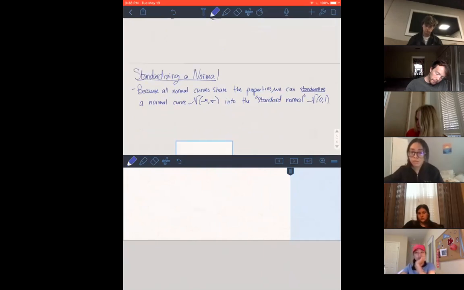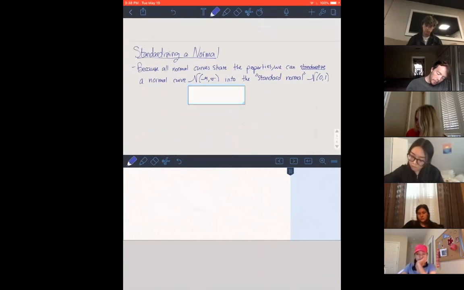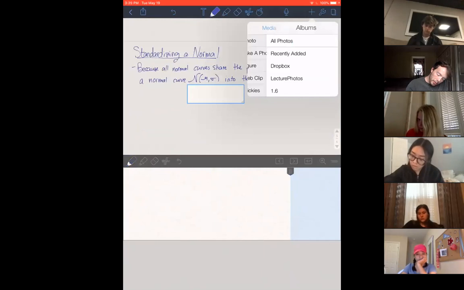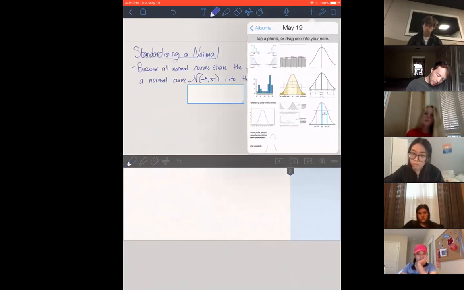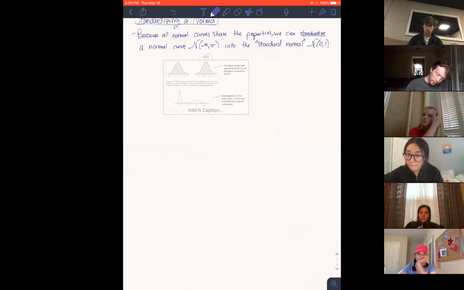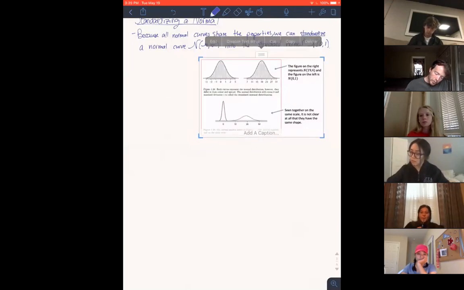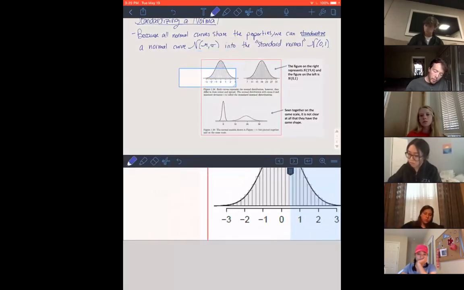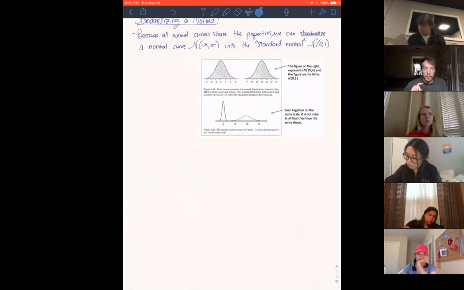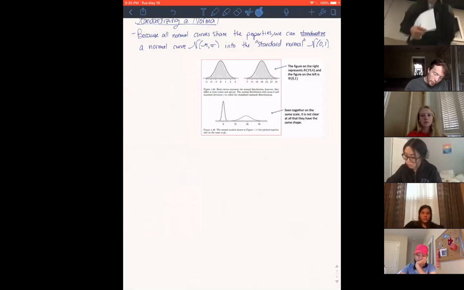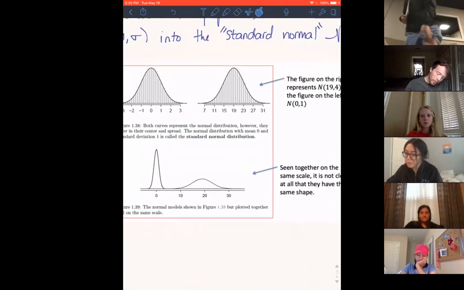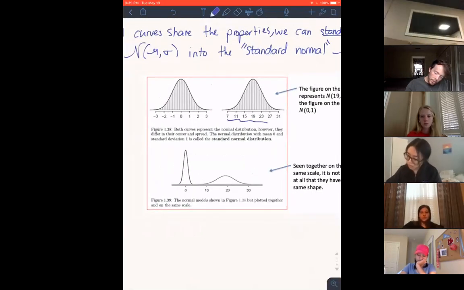So the idea here is this. Just like we rescaled our histogram, what we're about to talk about is rescaling a normal curve. If we observed this data right here, note this is a histogram and we drew a normal curve because it looked like the normal curve really fit our histogram well.